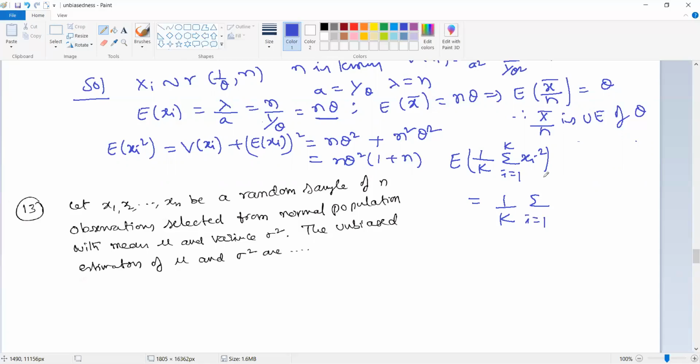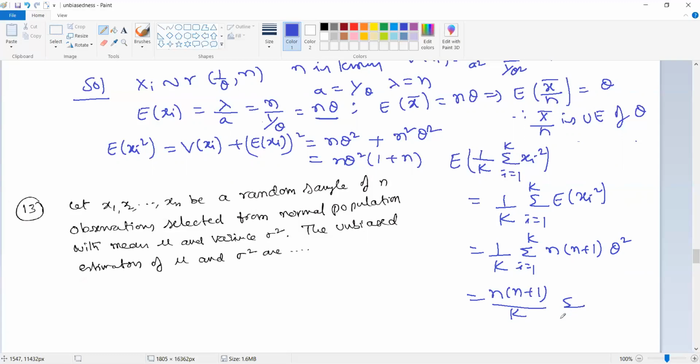Summation i equal to 1 to k samples. Already n is there here; n is the lambda parameter of the gamma distribution. Expectation of xi square, 1 by k summation i equal to 1 to k, E of xi square is equal to n into n plus 1 theta square, so n into n plus 1 by k, summation i equal to 1 to k theta square.